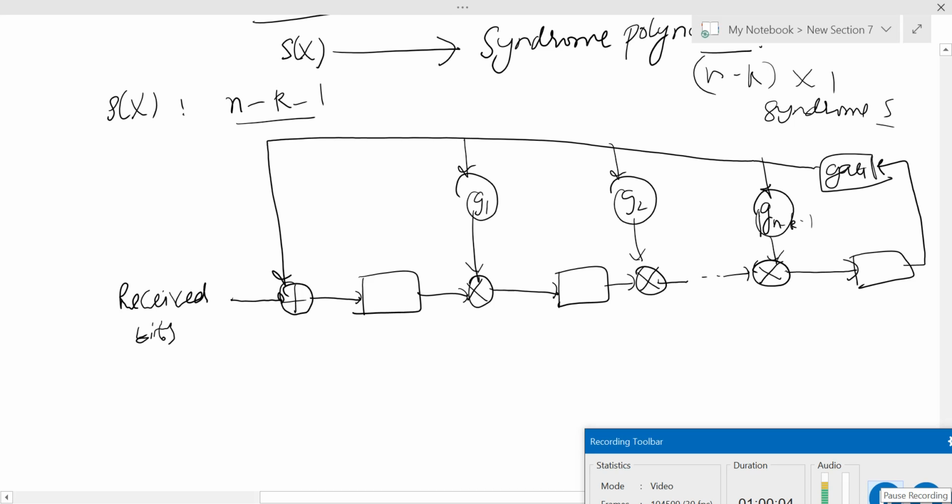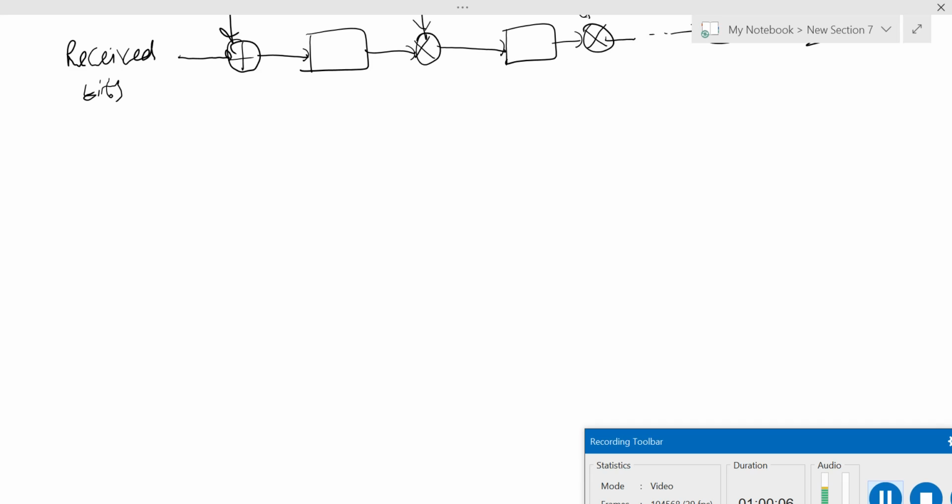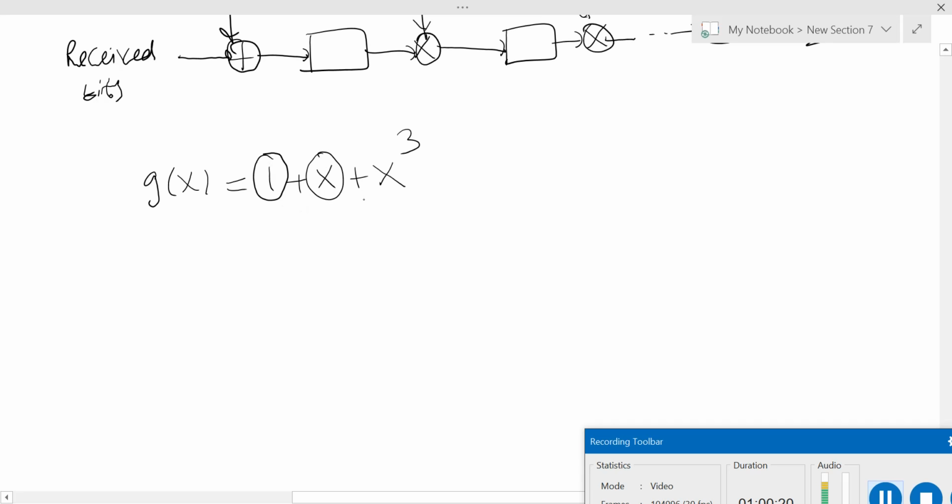Now if we go back to the example having code, that is easier. So first of all, I will draw the encoder. This is your generator polynomial, right? See, there are 3 degree terms: 1, G1, then G2 is 0, and then G3. Here are your message bits. This is the way to draw the encoder.